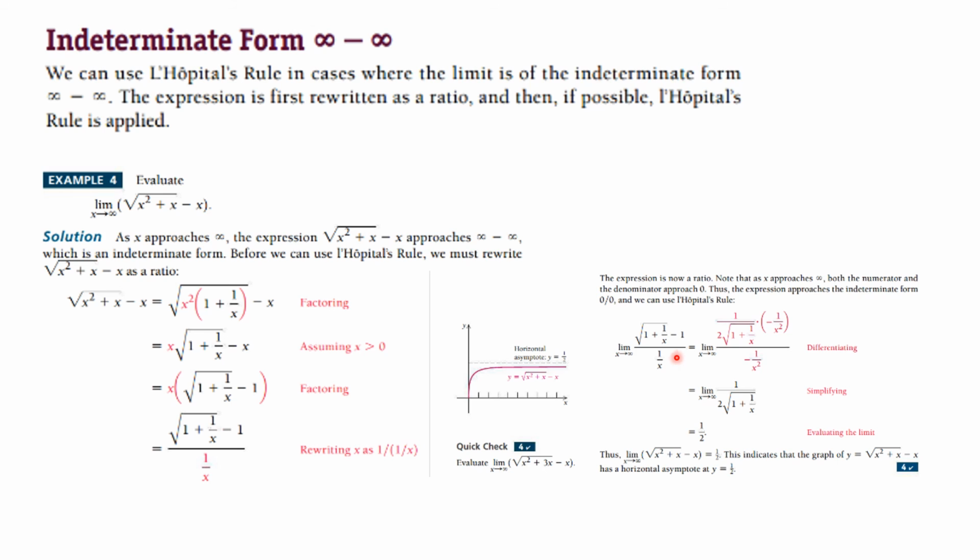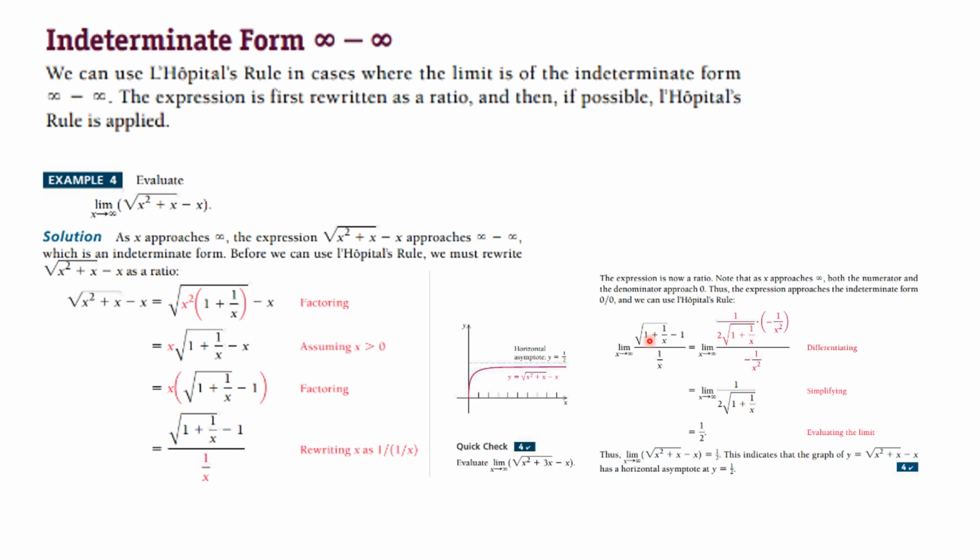So now we take the derivative of the denominator. Now it's a good review for the final. This is x to the minus 1. So the derivative of that is minus 1 over x squared. Now this is two terms. Now the derivative of this 1 here is going to be 0, but this is going to be 1 plus 1 over x whole to the 1/2. So there's the chain rule and the power rule.